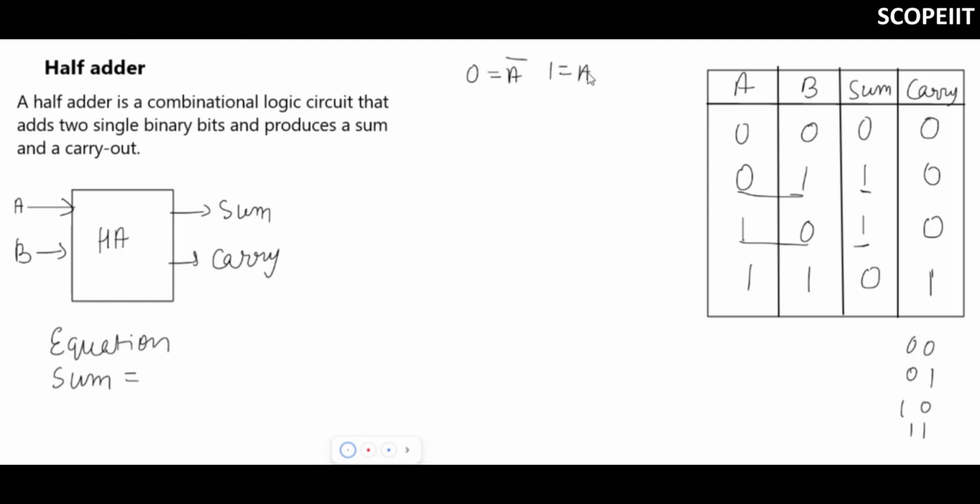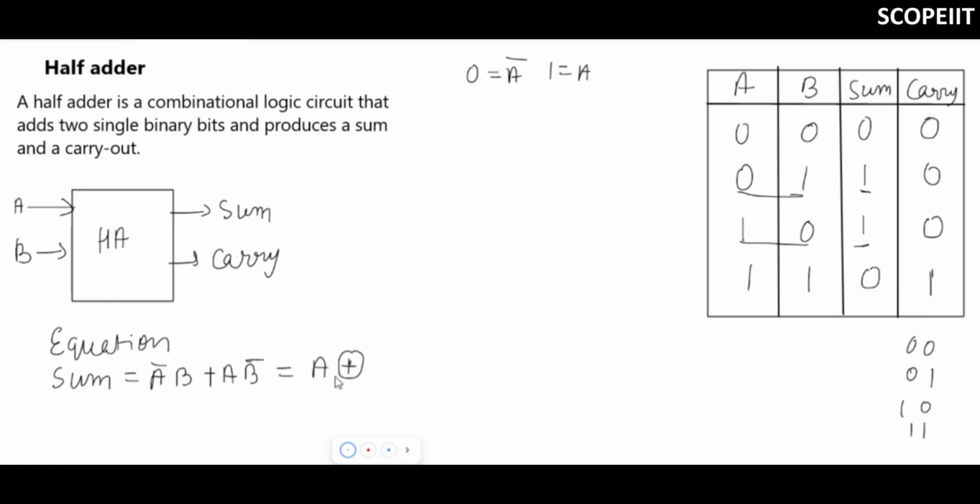So for the first one, 0 and 1, the equation is A bar B. For the second one it is A B bar, because 0 is for B, so B bar. So it will be A bar B plus A B bar, and that is nothing but the formula for A XOR B.